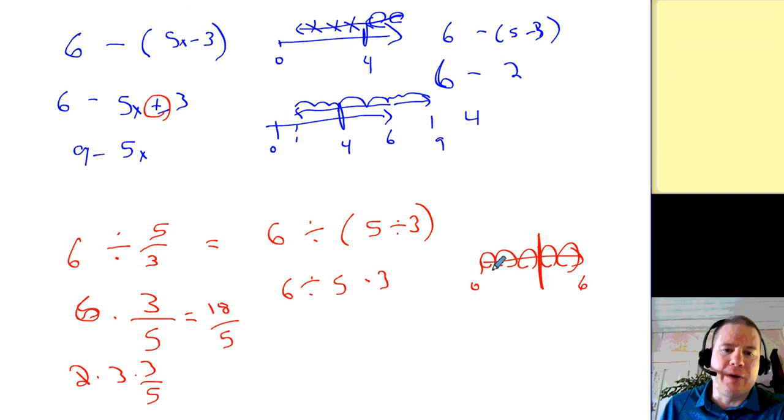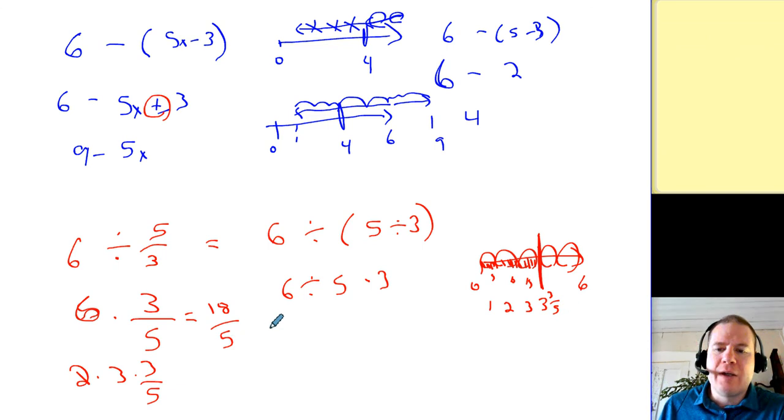So I can count by fifths. 1, 2, 3, 4, 5/5. 6, 7, 8, 9, 10/5. 11, 12, 13, 14, 15/5. Why am I counting 5, 10, 15? Because 5/5 is 1, 10/5 is 2, 15/5 is 3, 16, 17, 18/5. So it's 3/5 past 3. So I have 3 and 3/5.